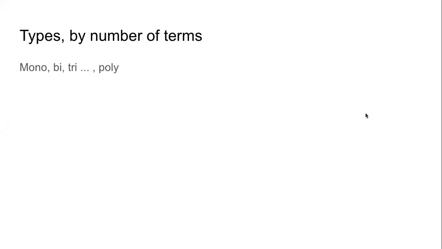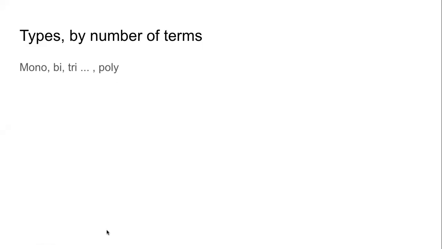Perhaps you remember the types of polynomial. Types of polynomial by number of terms. Depending on how many terms they have, we can call the polynomial a monomial, a binomial, a trinomial, or a polynomial. Even a monomial can be called a polynomial.